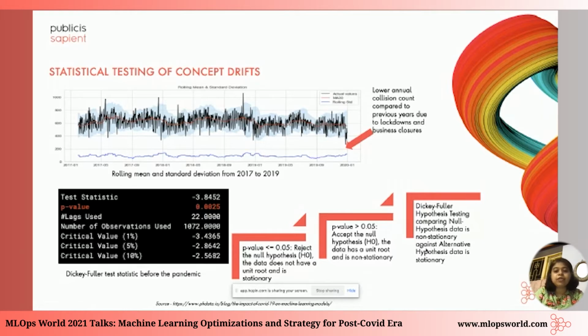When the p-value is less than 0.05, we can reject the null hypothesis and take the alternative hypothesis that there is no drift, the data is stationary. When the p-value exceeds the threshold, it's not stationary anymore.